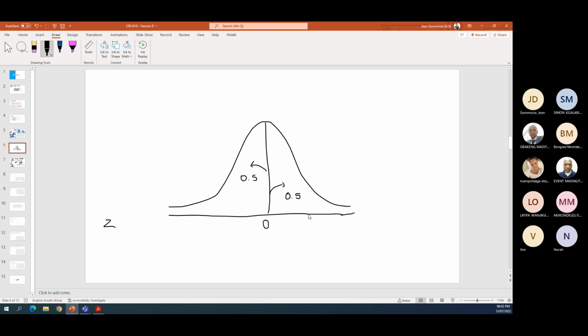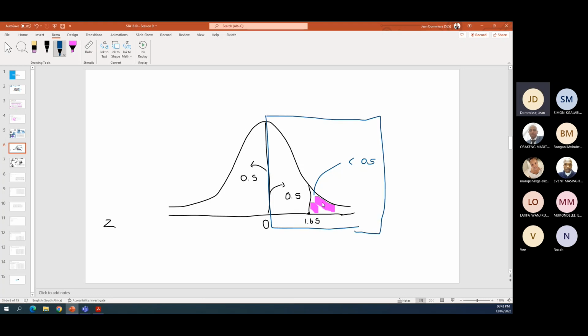So if I have a value, let's say that's 1.65, and I need to calculate this area, then I know that this purple area will be smaller than 0.5, because if this whole area is 0.5, that small purple area must definitely be smaller than 0.5.